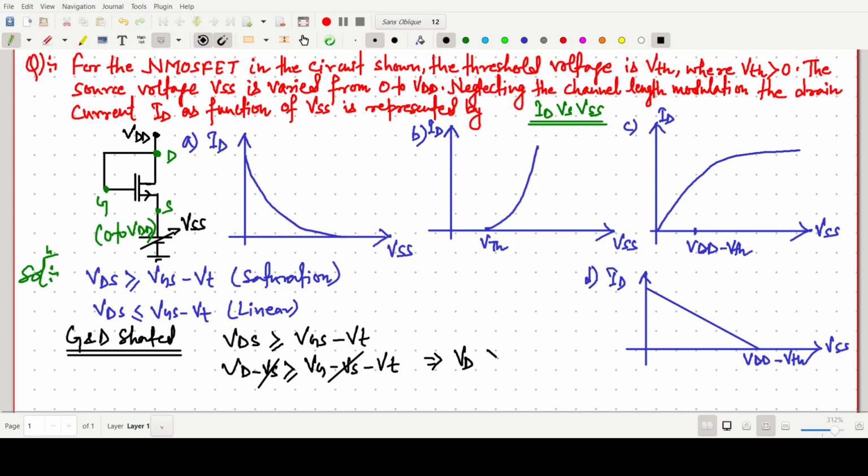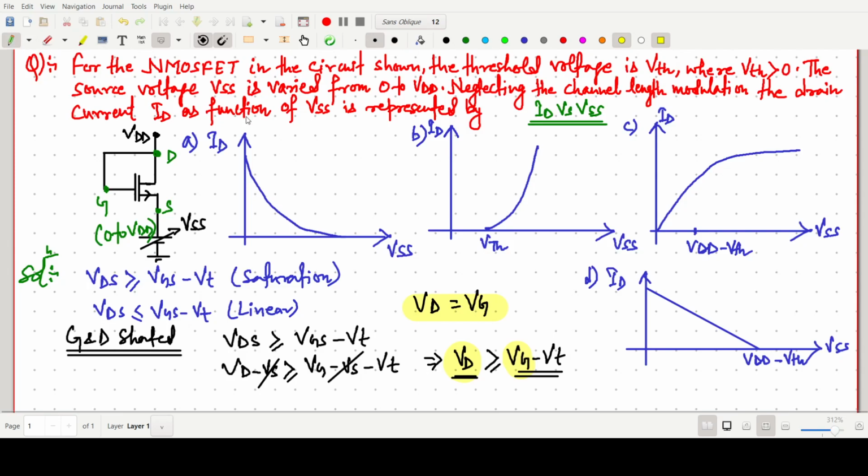This drain voltage will always be greater than VG minus VT for saturation. Now VD equals VG. This is a diode connected device, so the drain voltage is the same as the gate voltage. So this side will always be greater than this one, due to VD equals VG. These two are common, so VD and here VG minus VT.